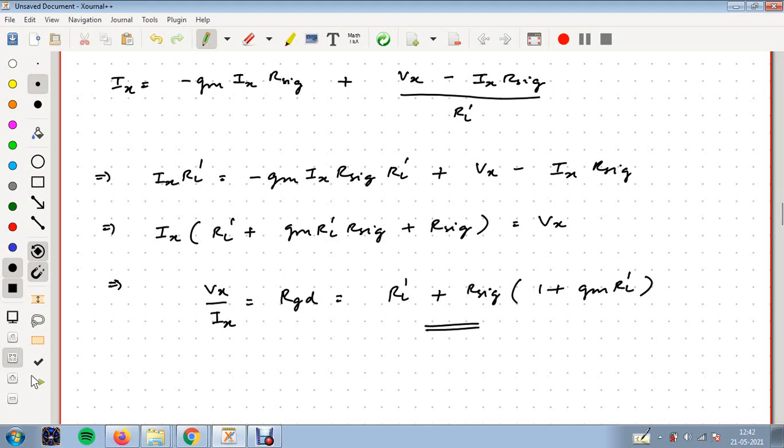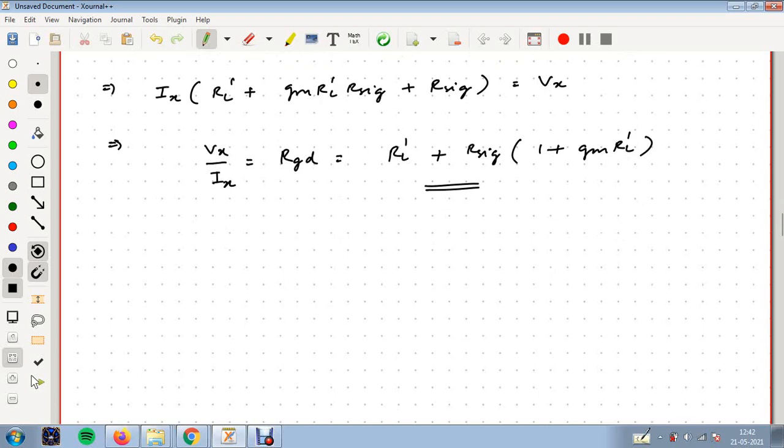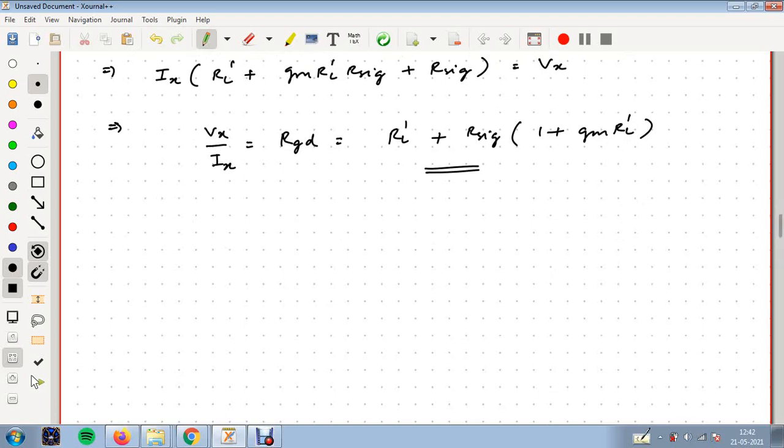From this, now you have found out what RGD is. So now tau GD is RGD into CGD, where RGD is this. This is my second equation.